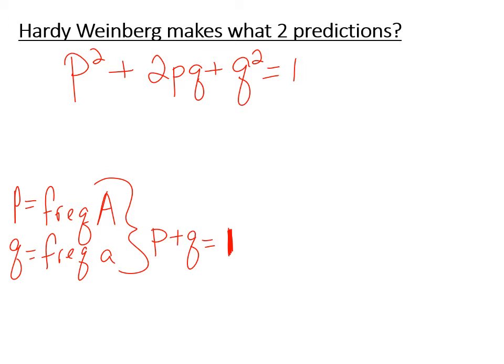When you look at this crazy, scary looking equation, p squared plus 2pq plus q squared equals 1, let me change the color so that you can really think about what this means. Think of a Punnett square.